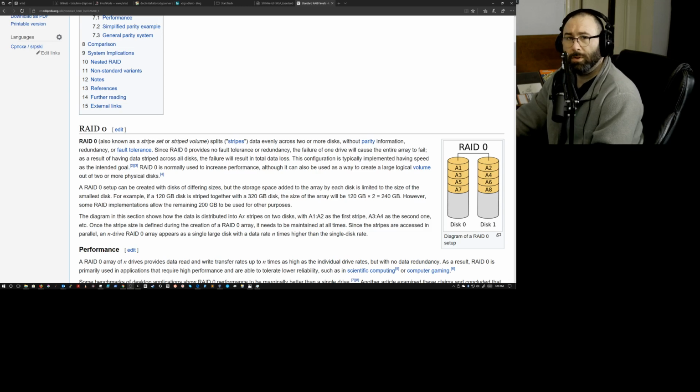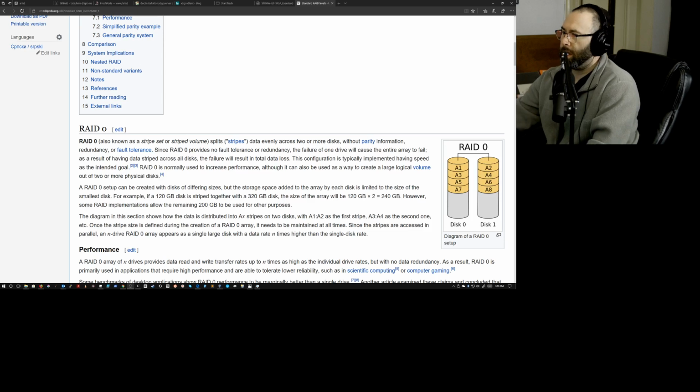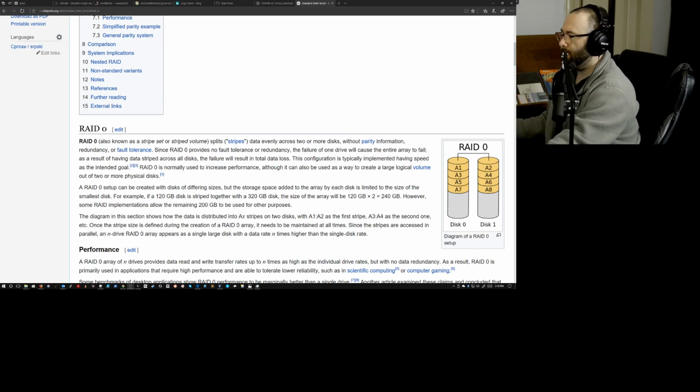So one of the first things that I would recommend, if you are new to this and you haven't played around with RAID and you're not super familiar with it already, is to just go take a look at the Wikipedia entry and get some basic familiarity with the different types of RAID that you can implement.